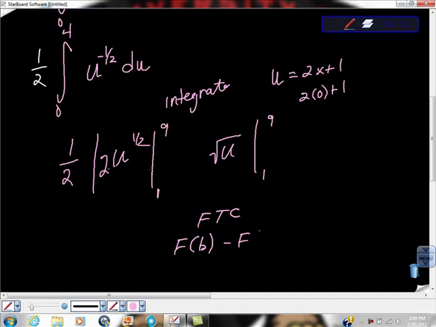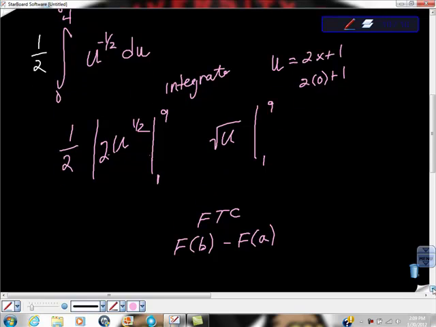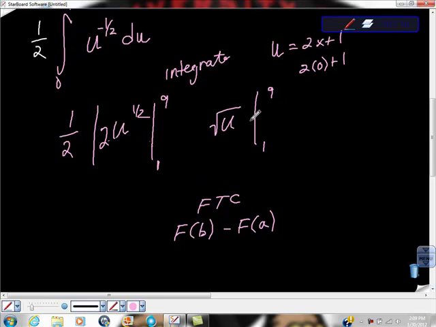We can just do this: F of B minus F of A. So square root of B minus the square root of A. Square root of 9 is 3, yeah? Square root of 1 is 1. 3 minus 1 is 2. So the area under that curve is 2. Yes?